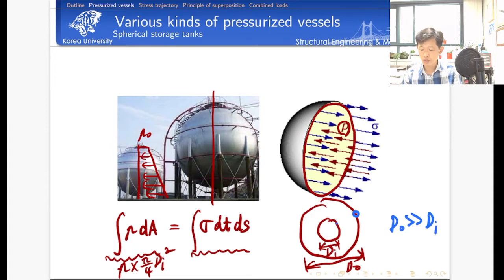And then the stress would be maximum here because it's subjected to the inner pressure. Which means if you monitor the change of stress from the inner surface to the outer surface, probably it would be maximum here, and then it would change like this, isn't it? So basically the normal stress is not constant in the thickness direction.